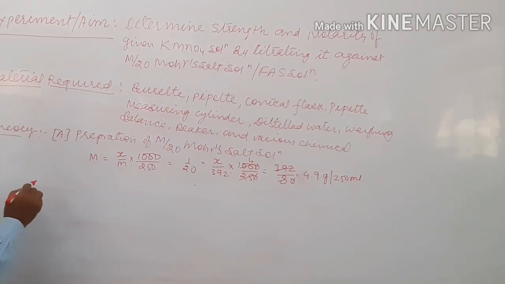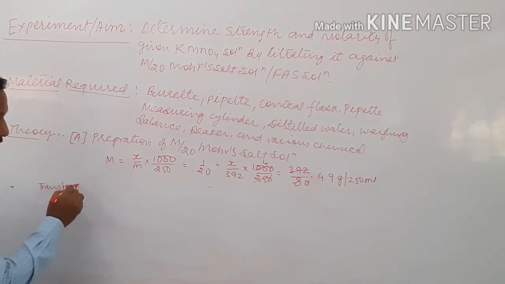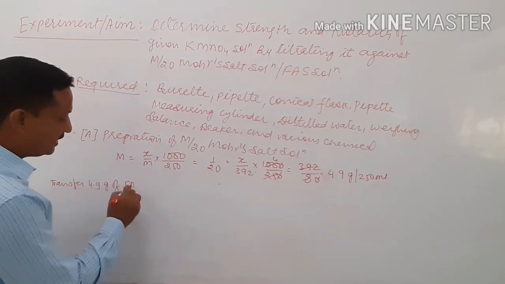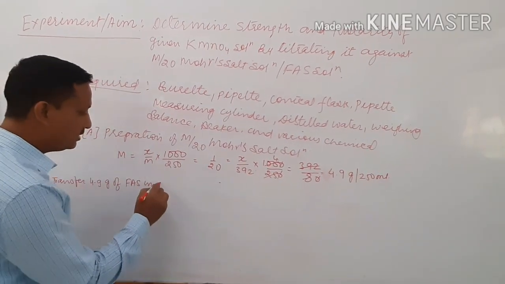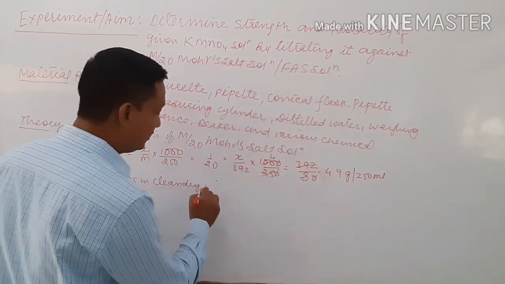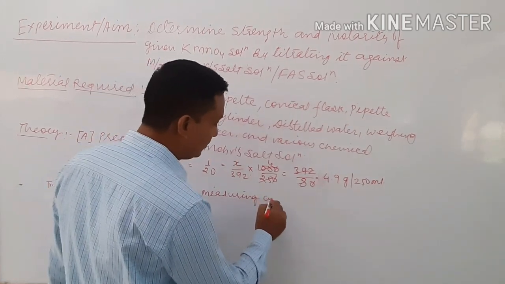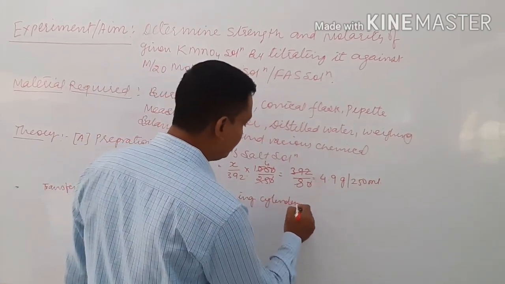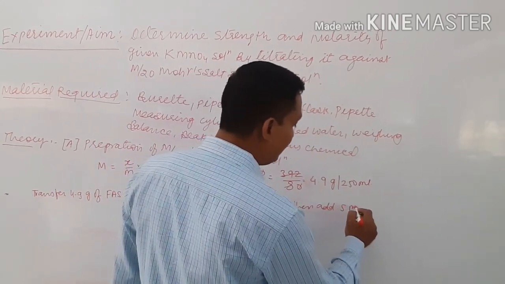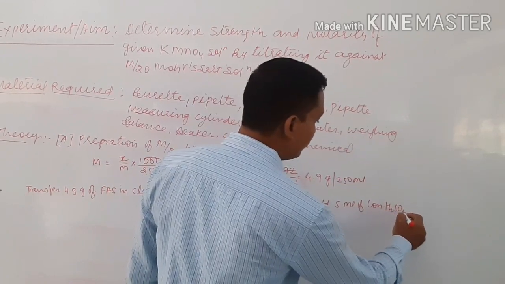So we transfer 4.9 gram of FAS, ferrous ammonium sulfate, into a clean dry measuring cylinder, then add 5 ml of concentrated H2SO4.